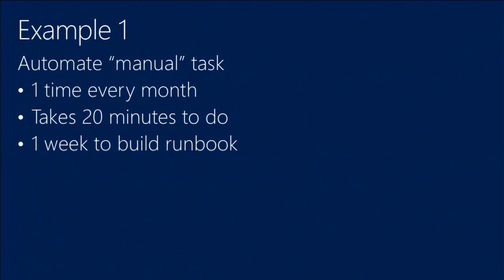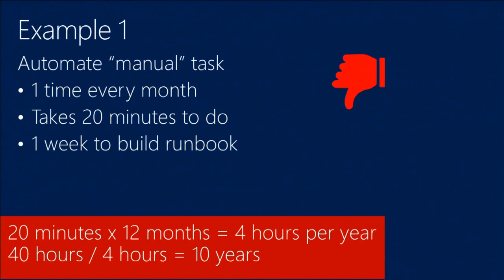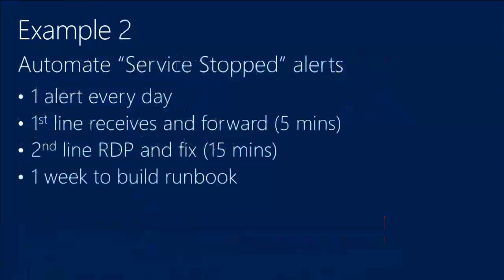I can build a runbook to restart that service in 40 hours. So let's do the math on that. 20 minutes once a month. That means we've got 4 hours of time in this. If I invest 40 hours building a runbook, my return on investment is about as good as putting my money under a mattress, right? It's not going to be very high value.